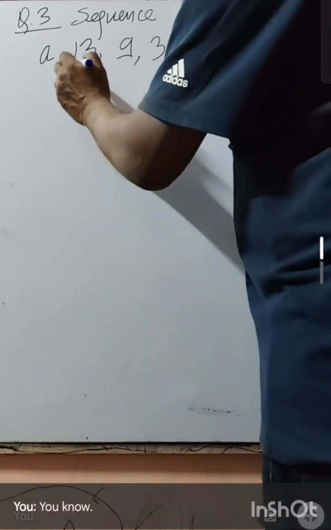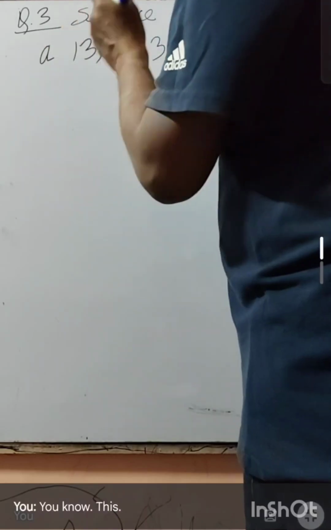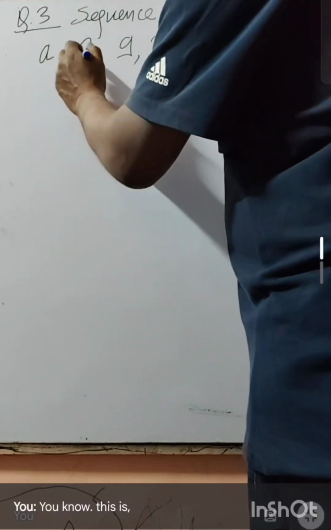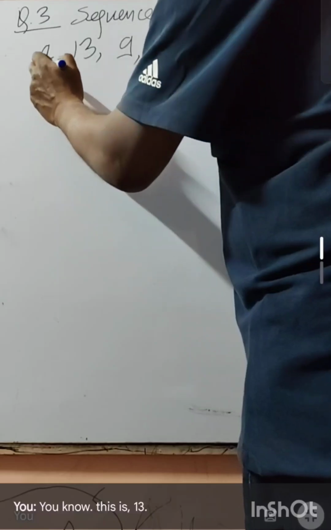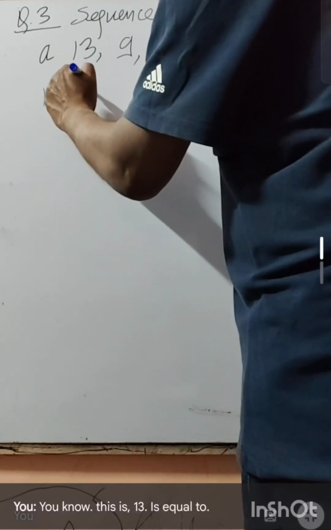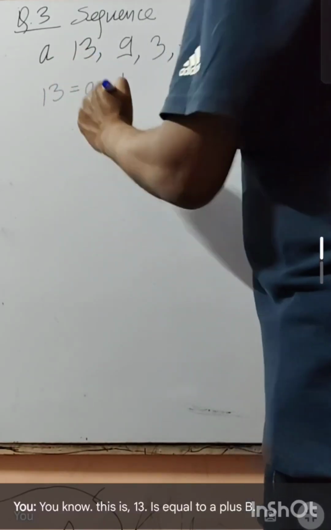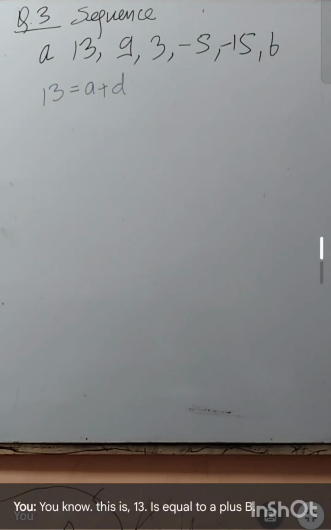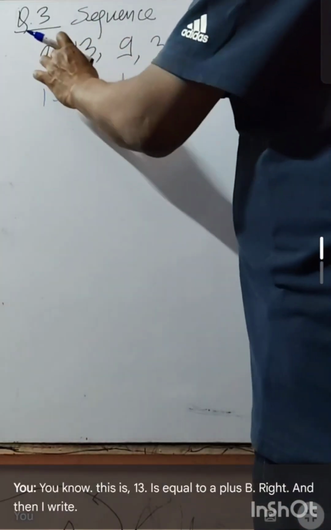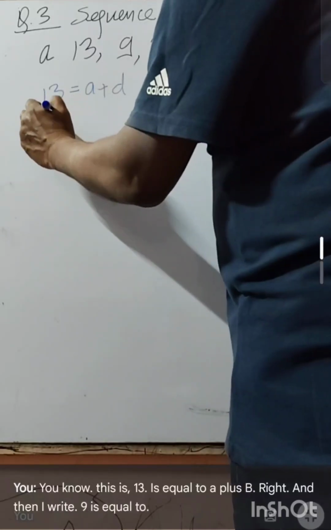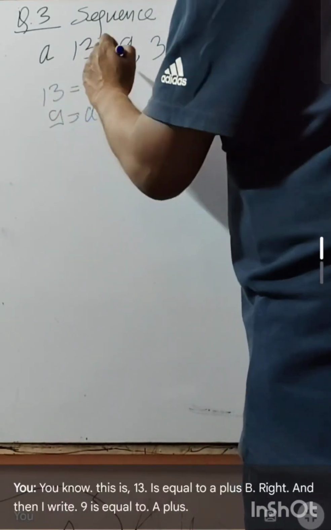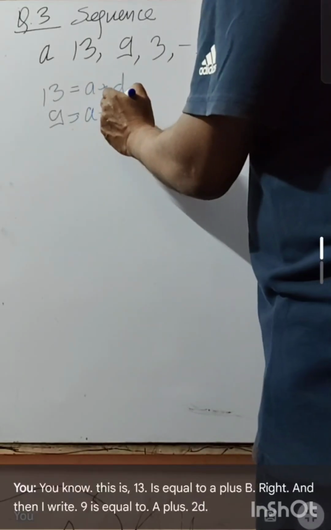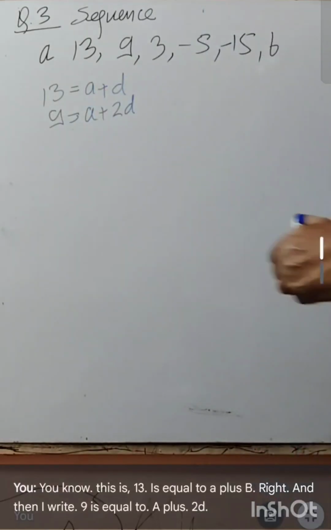You know, this is 13 is equal to A plus D, right? And then I write 9 is equal to A plus 2D, right?